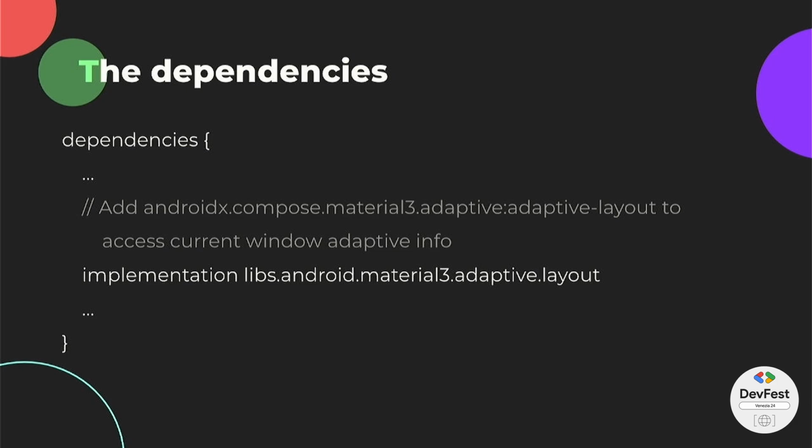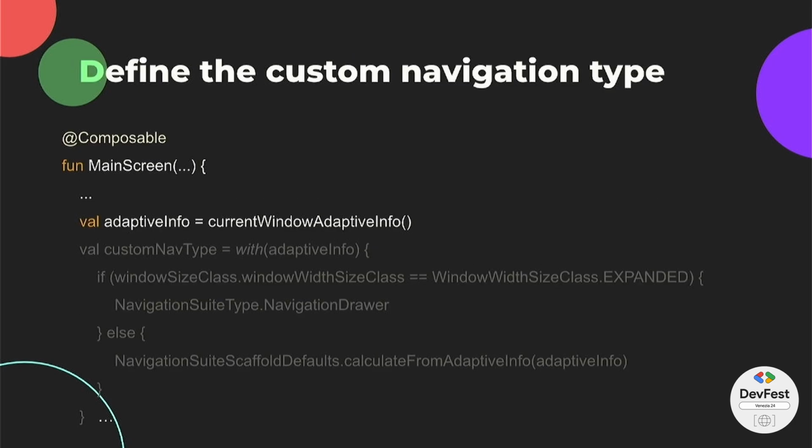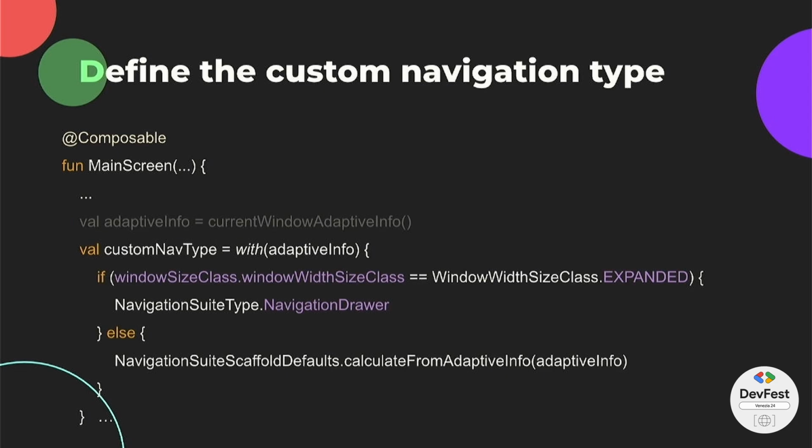And all you need to do is just add what is called the adaptive layout, which is part of Material 3. Then the adaptive info, this will tell you what type of WindowSize class your app currently is in at the particular point in time. And so in my case, I'm saying if it's expanded, I want to show the navigation drawer. If it's anything else, then I want you to use the default.